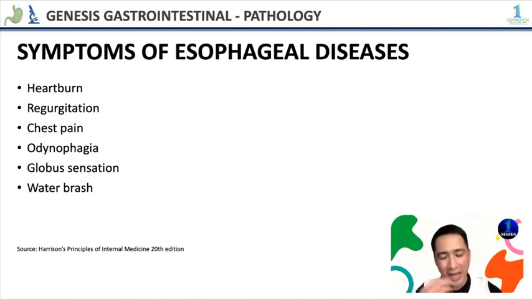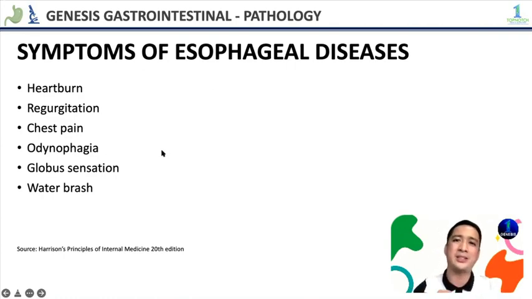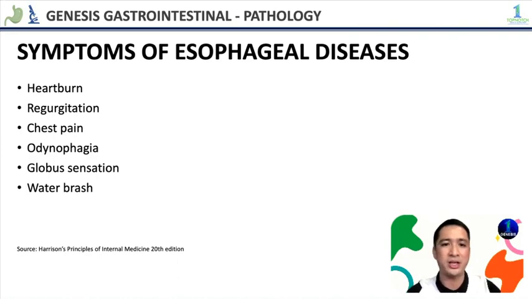Odynophagia, there is painful swallowing, more common in pill esophagitis or infectious esophagitis than the reflux esophagitis or GERD. Globus sensation or globus pharyngeus, or in Harrison's, ang tawag dito is globus hystericus.